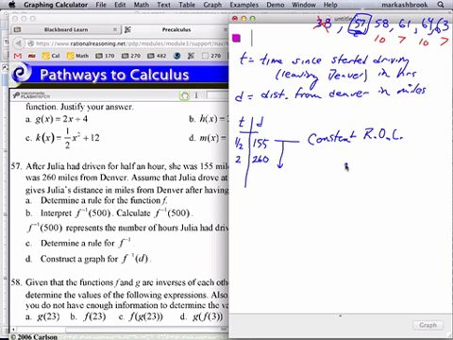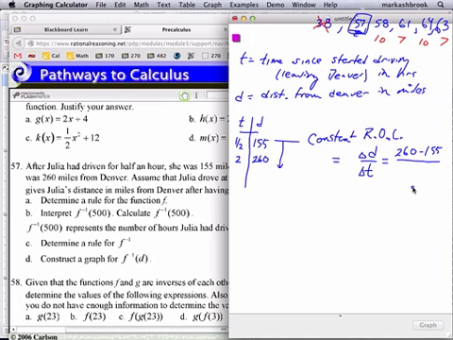Okay. So how would we calculate this constant rate of change if at 1/2 hour it's 155 and at 2 hours 260? Our constant rate of change, or constant speed, is going to be the change in distance over the change in time. Remember, our change is always found by subtracting final minus initial.